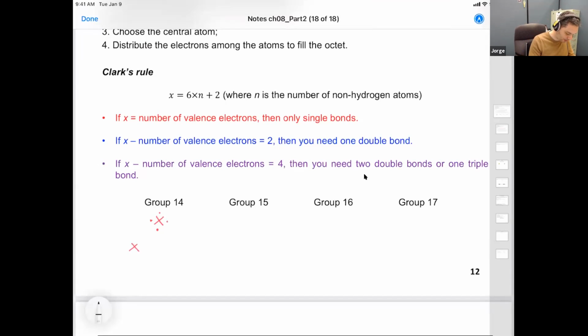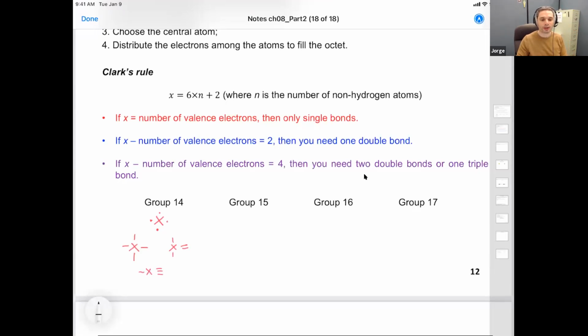Think about that. 14 means they have 4 electrons in the valence shell. To achieve 8, you need 5, 6, 7, and 8. So that means any element from group 14 can make a maximum of 4 single bonds, or any combination of 4 bonds.